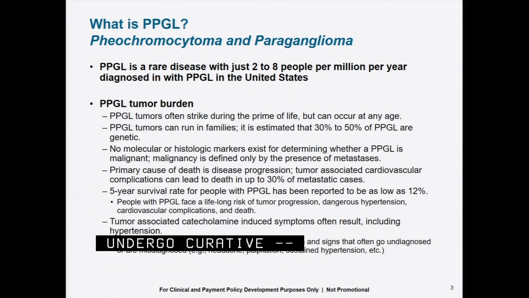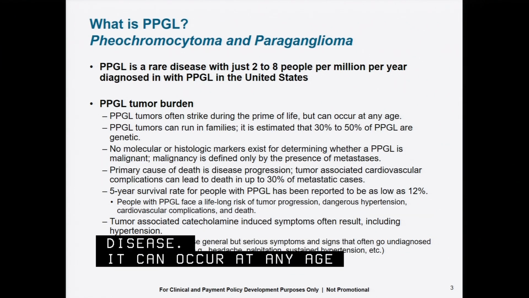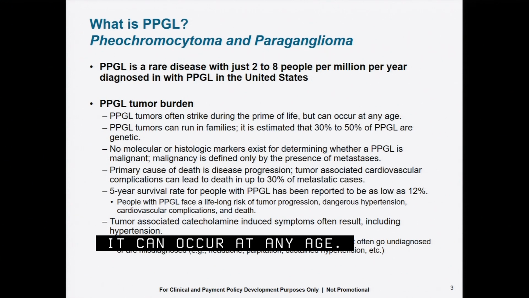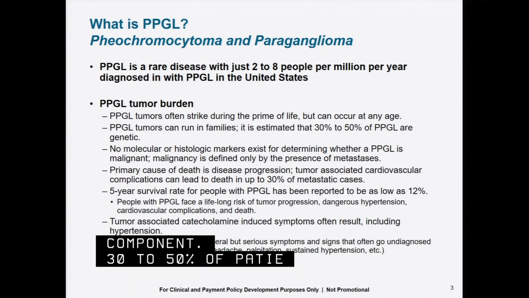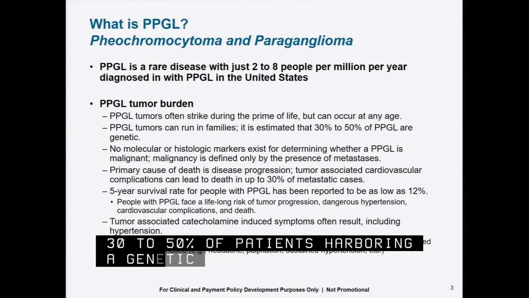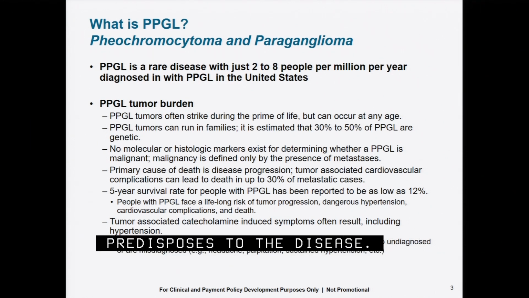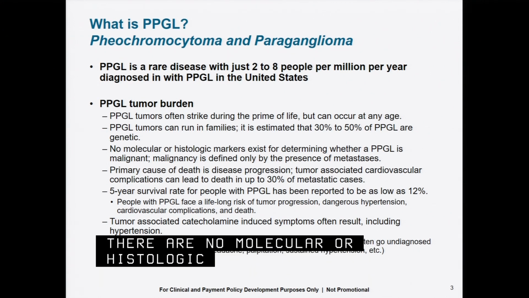These tumors often strike in the prime of life, but can occur at any age. There's a strong familial component to this, with 30 to 50% of patients harboring a germline genetic mutation that predisposes to the disease. Interestingly, there are no molecular or histologic markers on the pathologic specimen of the initial resection that can help determine which patients are at risk for advanced disease.